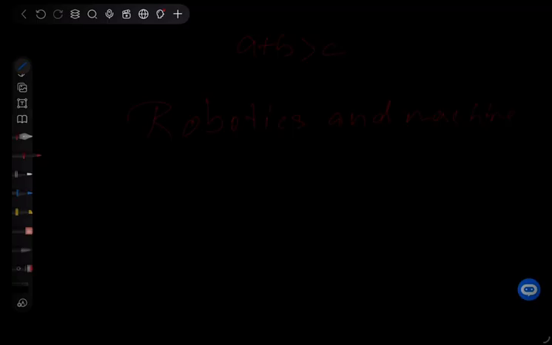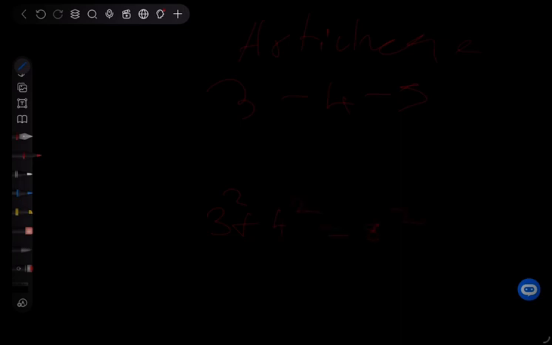And in architecture, they use something known as the 3-4-5 rule. I'm not into architecture, but since 3 squared plus 4 squared is equal to 5 squared, that is 9 plus 16, 25. So that's also a practical example.